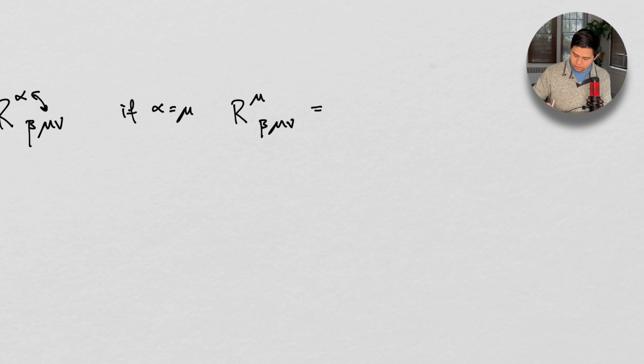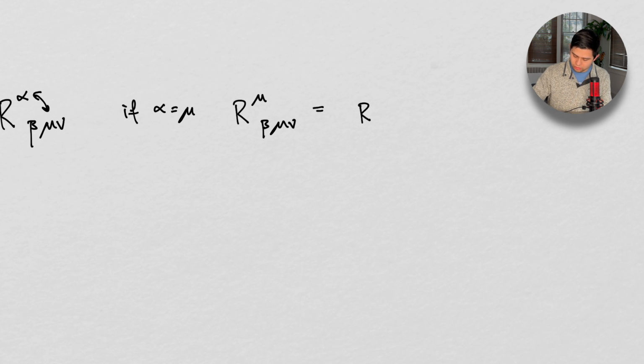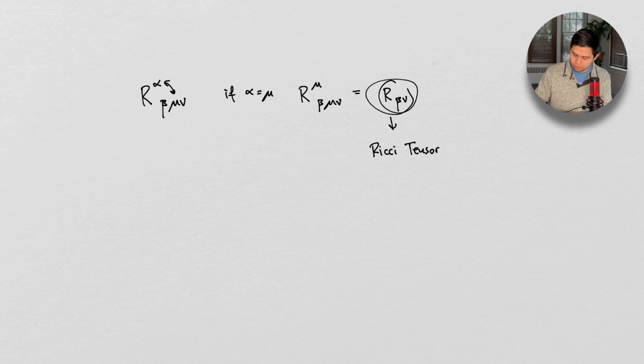And this is R beta nu. And this is the Ricci tensor. And we're going to see what the geometric understanding of this guy is.